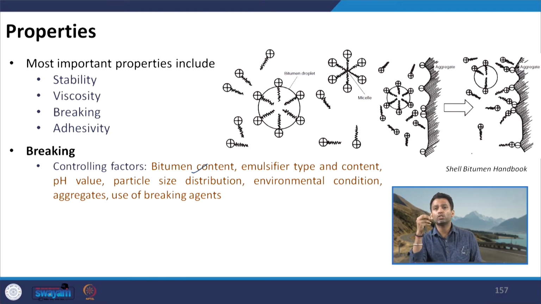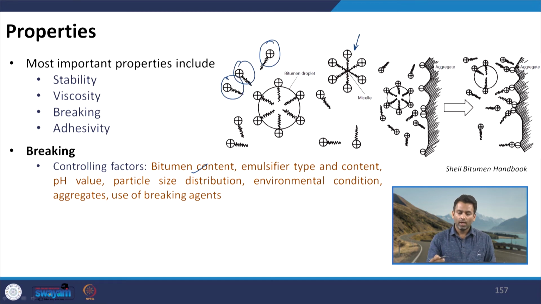If you see an emulsion system, some of the charged emulsifiers are in the form of micelles, which means various molecules are close to each other. Then we have some independent molecules also, and then we have some molecules which are over the individual bitumen droplets.